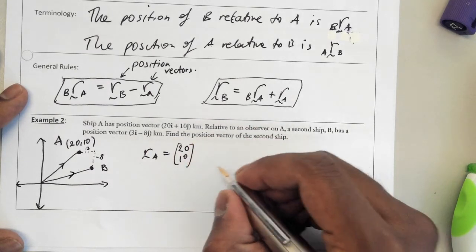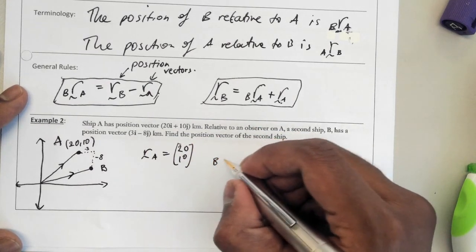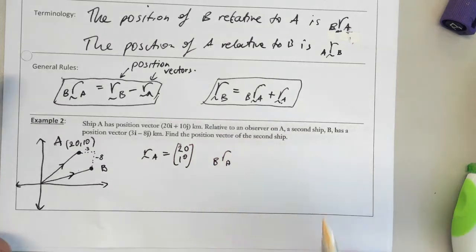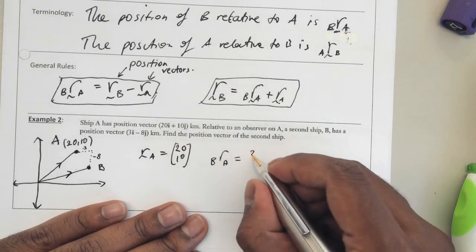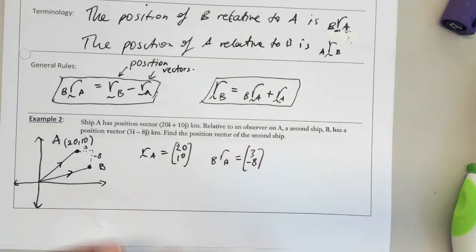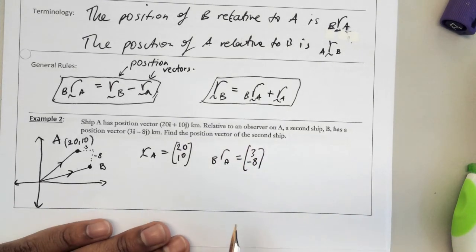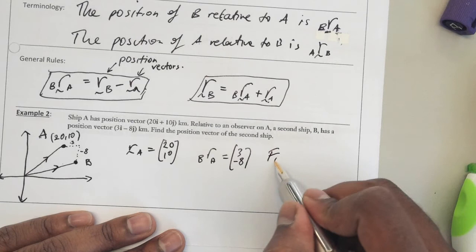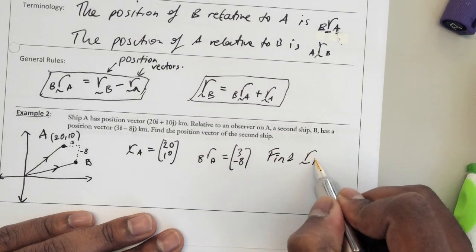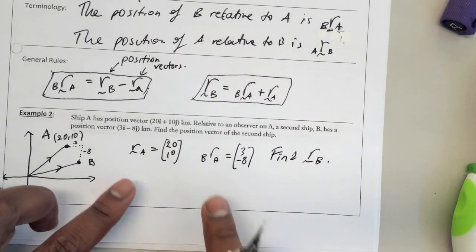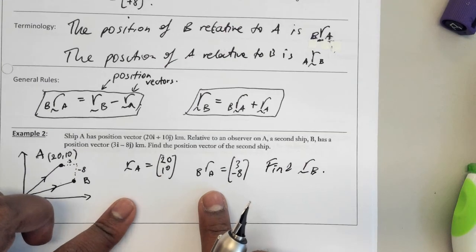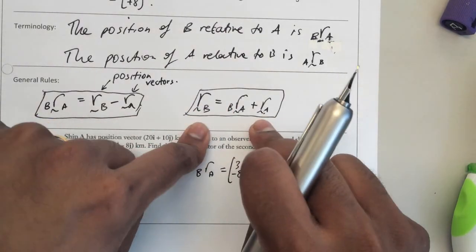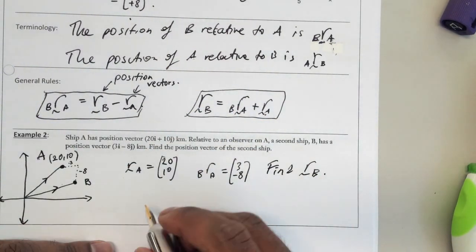The position vector of B relative to A is 3, negative 8. And we want to basically find the position vector of B. So lo and behold, as you can tell, we used this formula there. Pop it in.